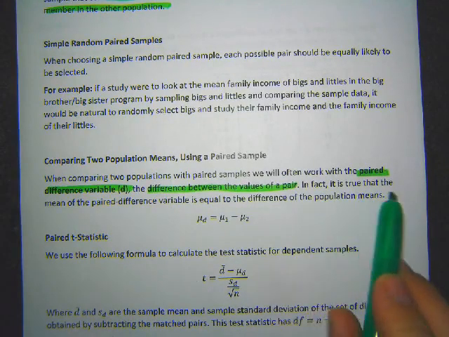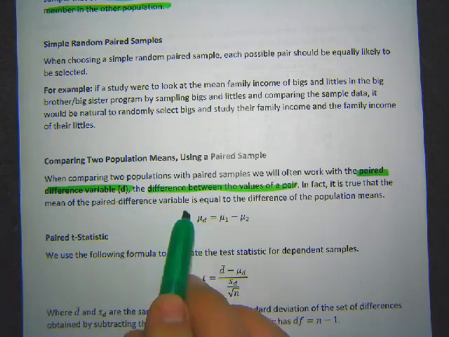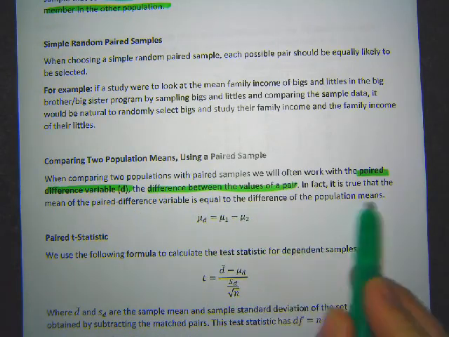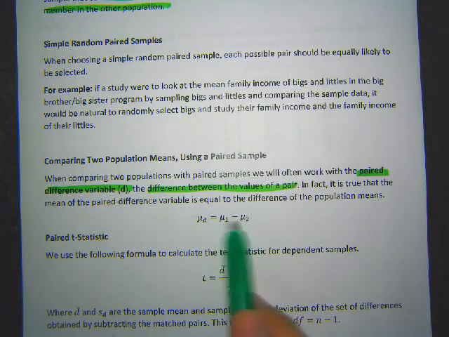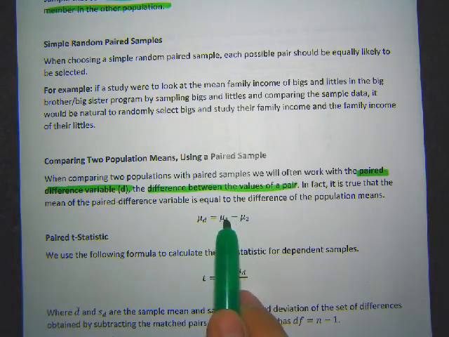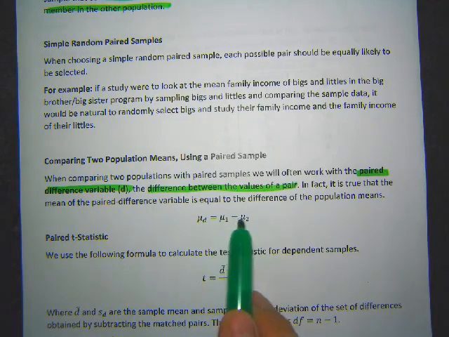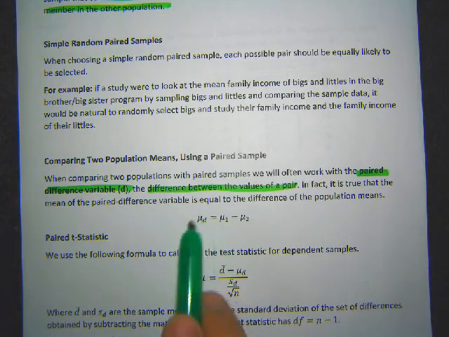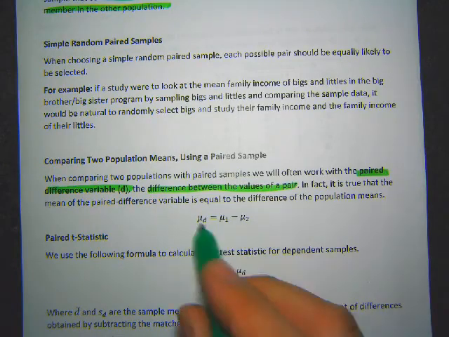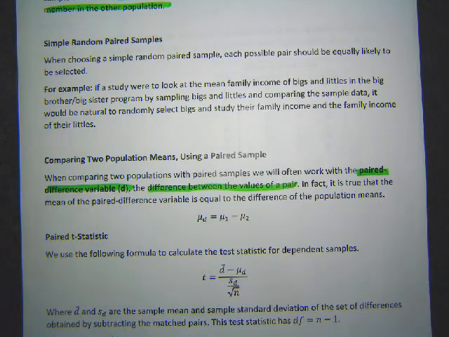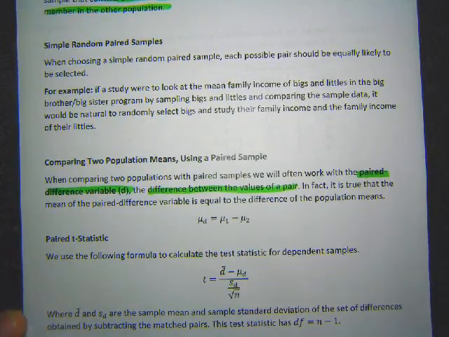In fact, it's true that the mean of the paired difference variable is equal to the difference of the population means. So it is a rule that says, if you look at the two means separately and subtract them, you get the same average as if you would take just the average of all the differences. So that's what this rule says. So instead of trying to deal with the two numbers separately, we're just going to look at the mean of the differences. We're going to take the data and subtract matching values, and we're just going to look at these differences.